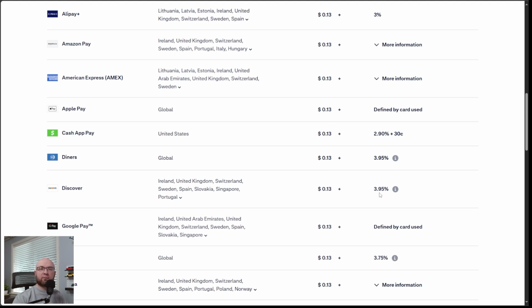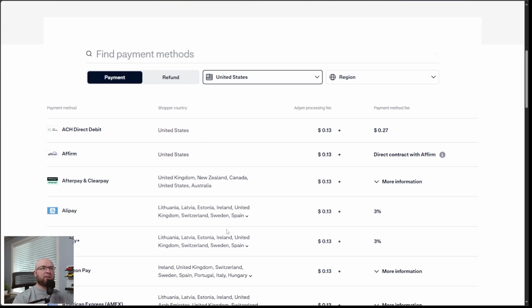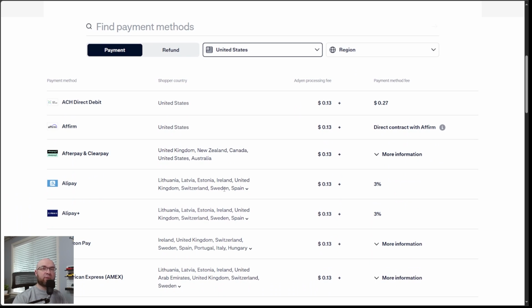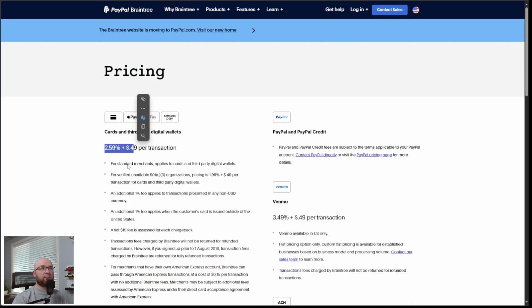And Discover also, almost 4%. So you have to look at these transaction fees and you have to see what makes sense for your business. Once you know how much you want to charge, maybe you have a subscription that's $15 a month, you can choose the provider that you want.